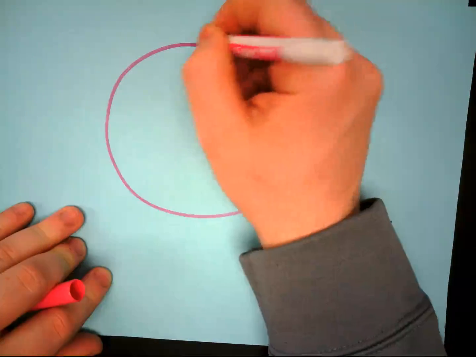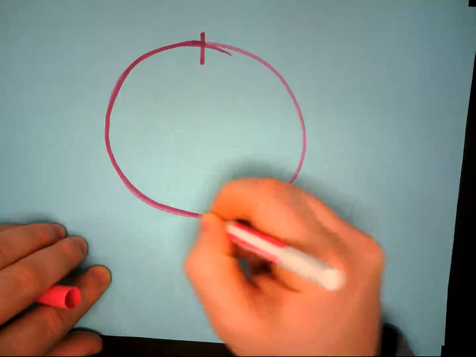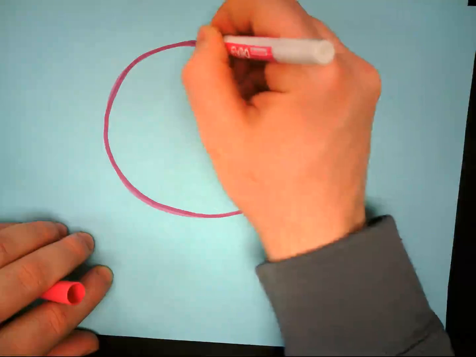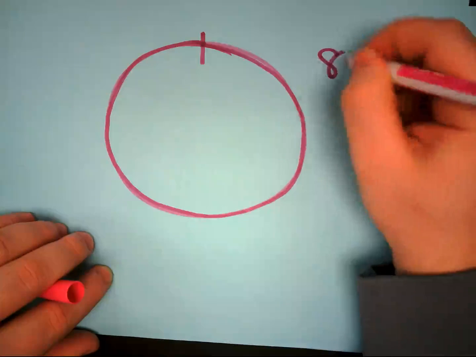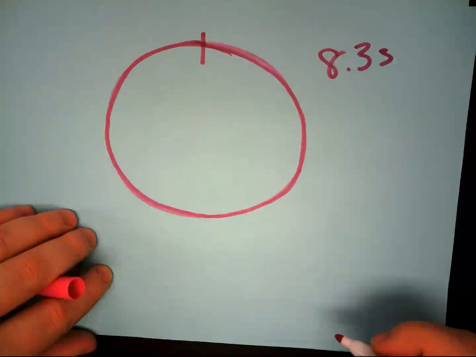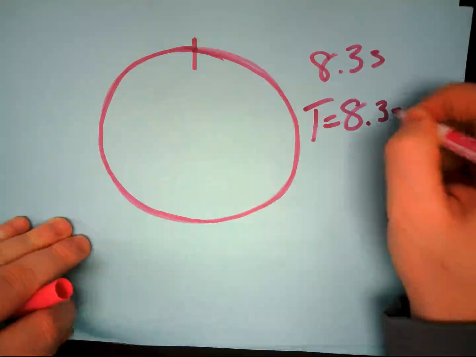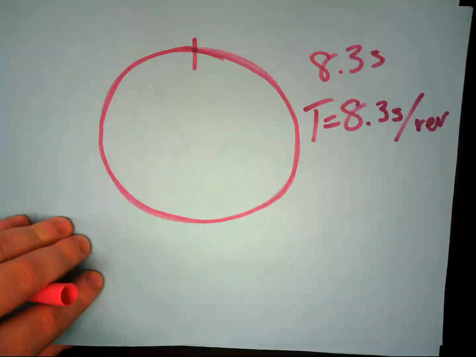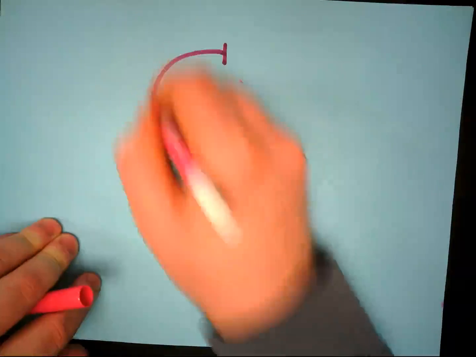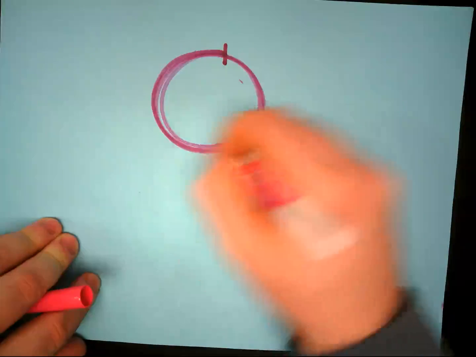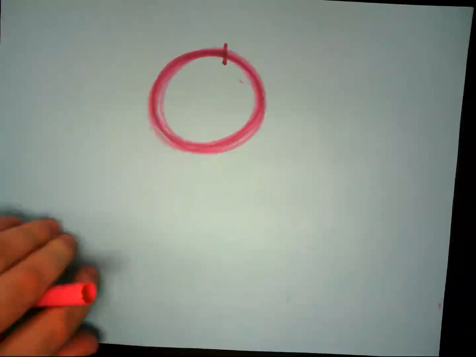Always be thinking: are we working with the circle where we're timing it and saying, okay, boom, that took 8.3 seconds, so my period would be 8.3 seconds per revolution? Or are we counting, 1, 2, 3, 4, 5, 6, 7, 8, 9?